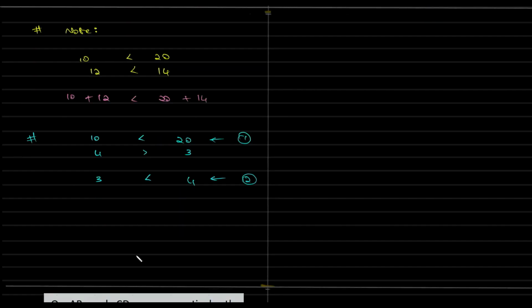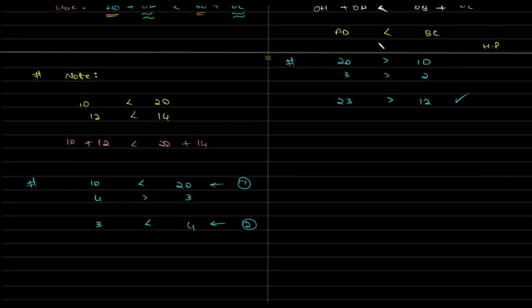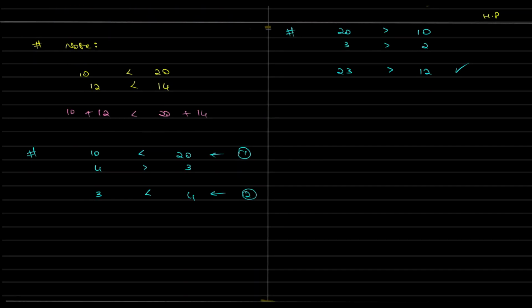Or you can have it the other way around, make it a greater than symbol. That is also right. 20 is greater than 10, 3 is greater than 2. So we can add: 23 is greater than 12. So we can add this way, that is okay. So the symbols have to be the same. That's what I mean. Right? The takeaway over here, the conclusion is, the symbol has to be the same in both equations.